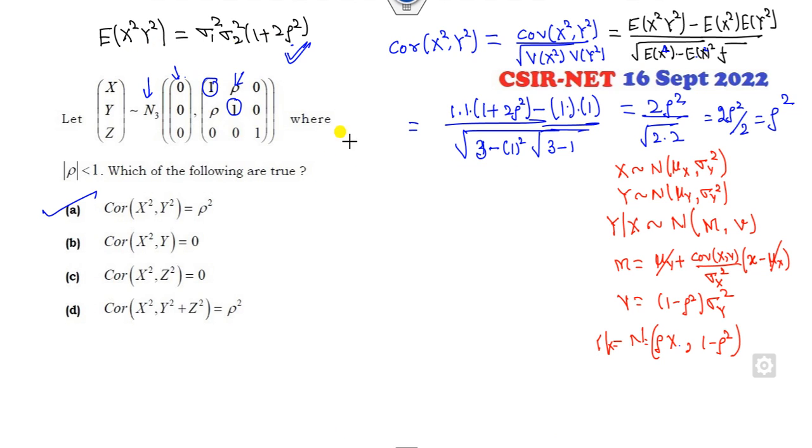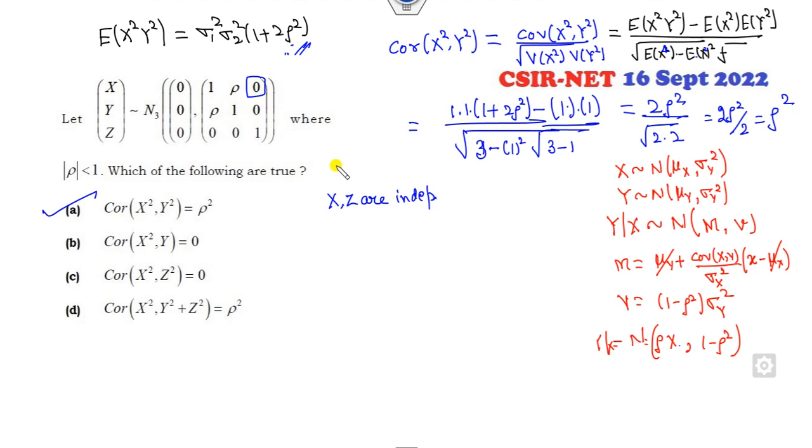Okay, look at the second option. Firstly, you can check x square and z square. If you look at this option, x and z, this value, what does it mean? x and z are independent.